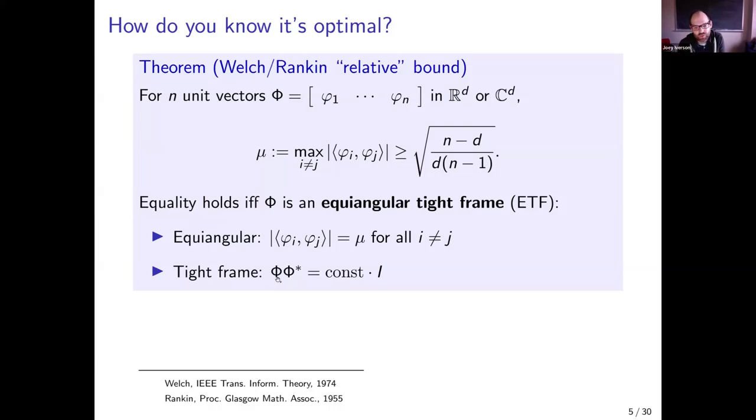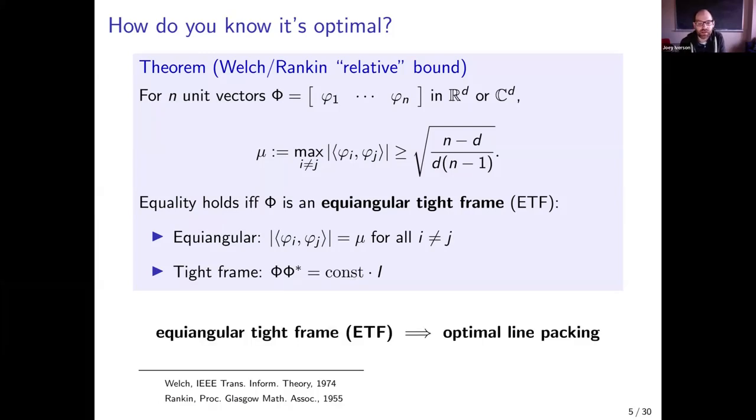It says that if I take that short fat matrix phi and multiply on the right by its adjoint, I'll get a constant multiple of the identity. Okay, so what I really want us to take away at this point in the talk is that if I see these two conditions, which are really algebraic conditions, then that is a certificate that the Welch bound was attained, and therefore the lines spanned by those vectors are an optimal line packing. Okay, so I want to be looking for these two conditions many times throughout the talk.